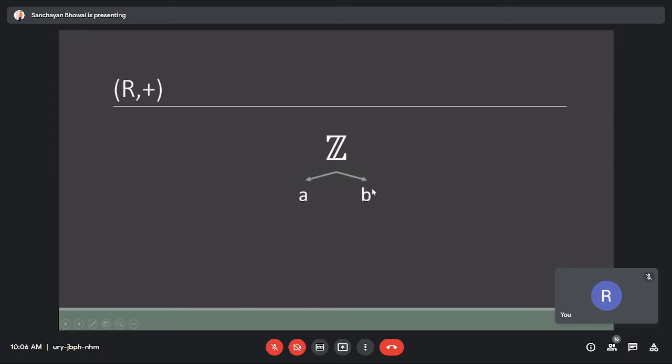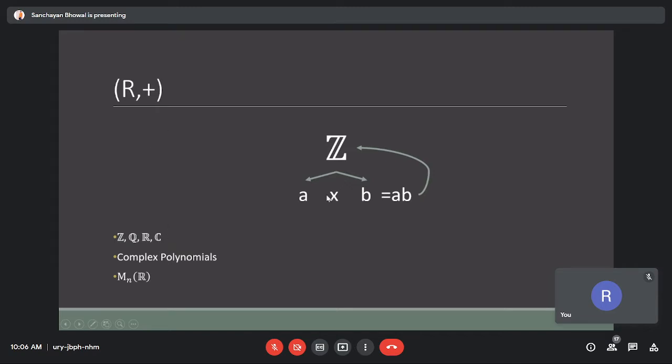We can obviously add them to get a plus b, and that will be in Z. Moreover, we can multiply and we will get an element which is already in Z. This is not only the property of Z. Similarly, we can see this same property in Q, R, C, complex polynomials, and matrices. You can multiply matrices, obviously, they need to be of compatible orientation, otherwise we cannot multiply to get another matrix. Similarly for polynomials and for Z, Q, R, C.